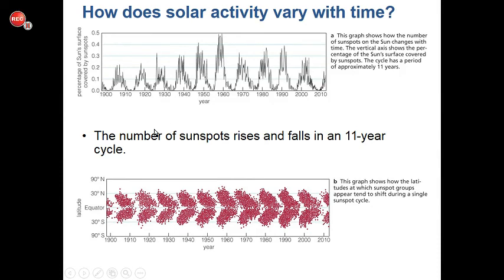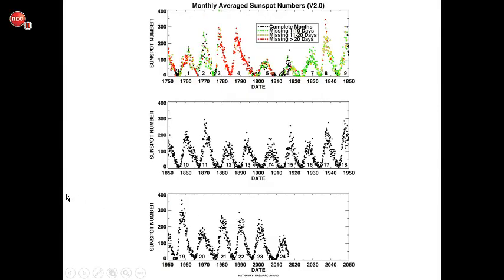And when there's a bunch of sunspots, we can see that they're produced at high latitudes, and then there's more of them towards the equator, so they follow this kind of shift from upper latitudes down to the equator before they go away again. And so we've tracked this since about 1750 up to the current day.